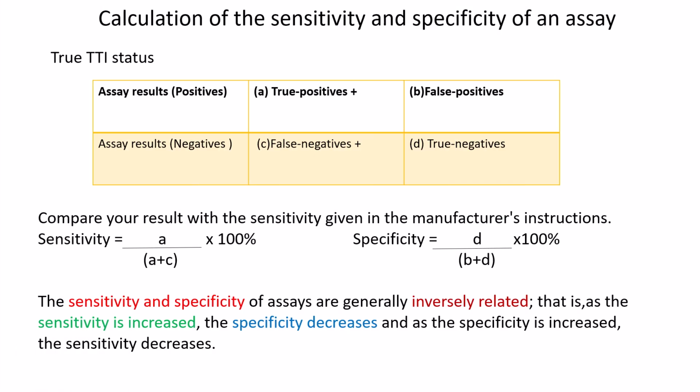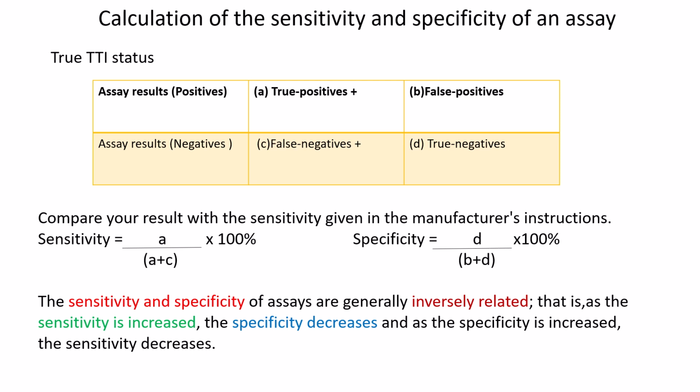How can we calculate the sensitivity and the specificity of an assay? We have to create a 2 by 2 table. In the first row we write the positive assay result, and in the second the negative assay result. The true positives are put in A, false positives in B, false negatives in C, and D shows the true negatives.